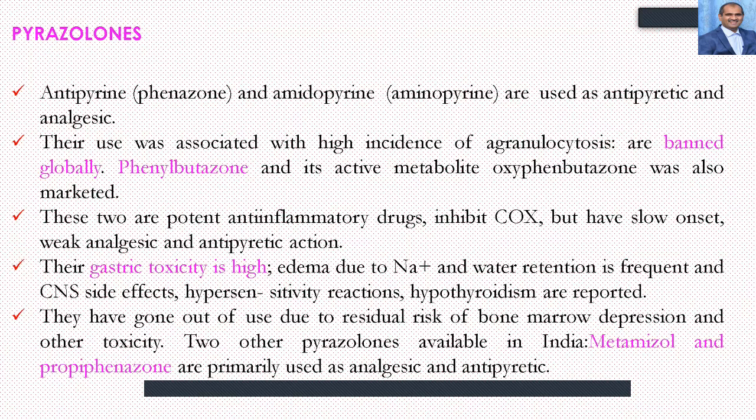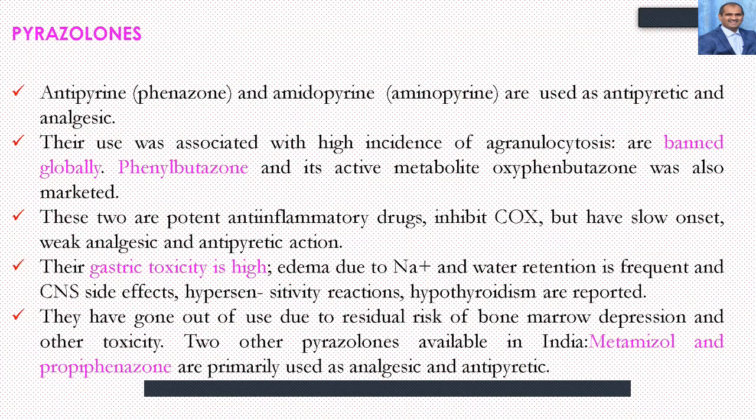They are potent anti-inflammatory drugs that inhibit COX but have slow onset and weak analgesic and antipyretic action. As usual, the gastric toxicity is very high, edema due to sodium and water retention is frequent, and CNS side effects, hypersensitivity reactions and hypothyroidism are also reported.